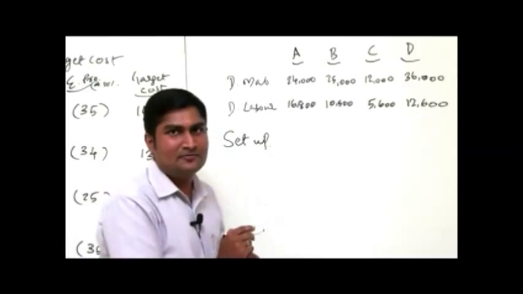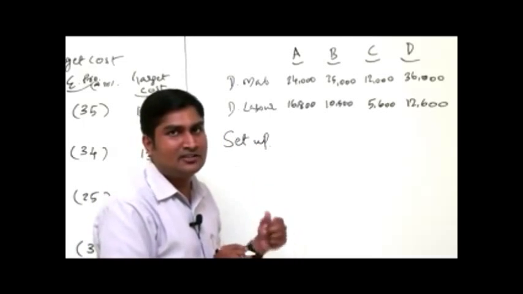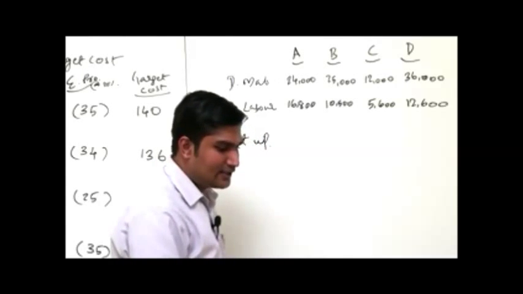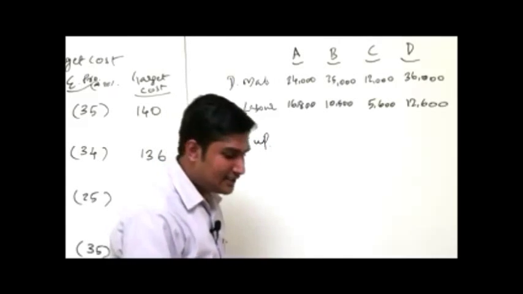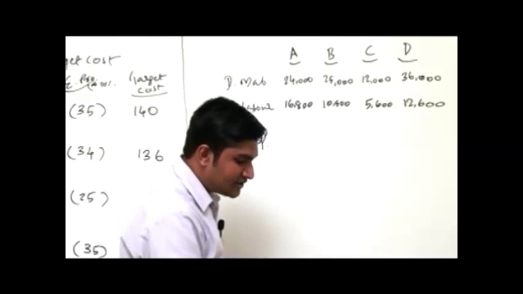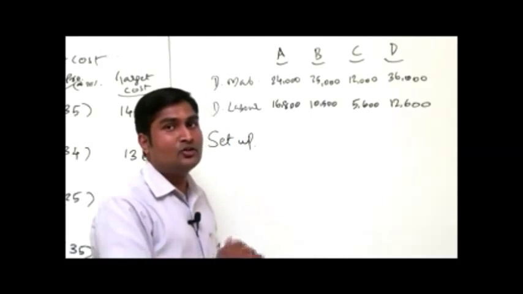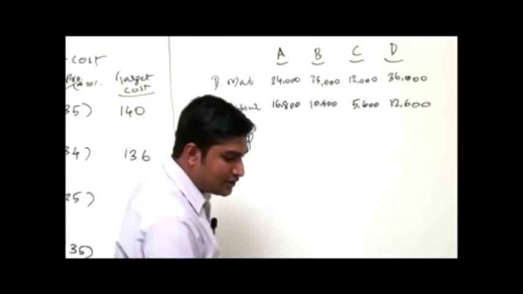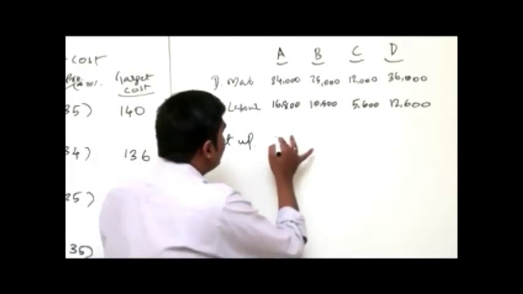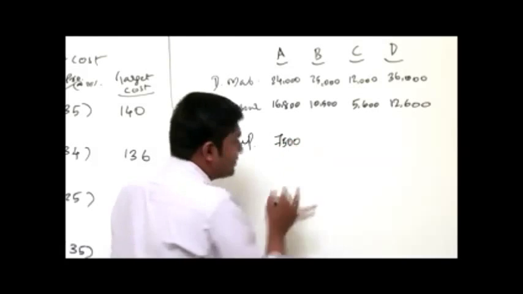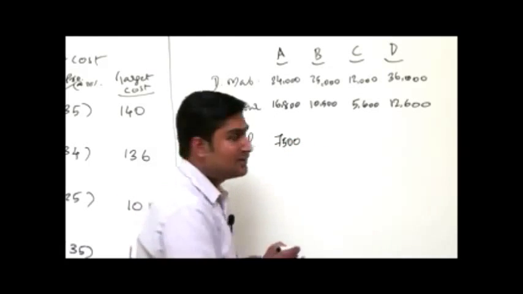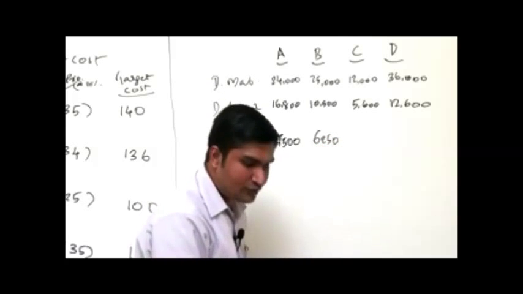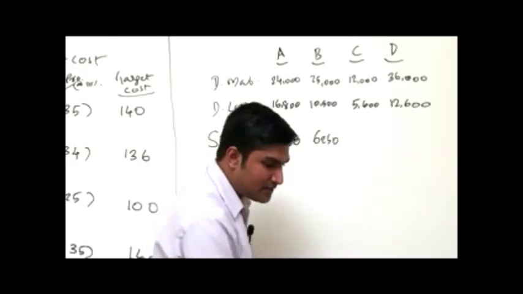This setup activity has been driven by number of production runs. Production runs of A 30, B 25, C 20 and D it is 30. And per production run setup cost is 250. So that 250 has to be multiplied by each and every production run. So 250 into 30, it would be 7,500. 250 into 25, it would be 6,250. 250 into 20 of C, it would be 5,000.